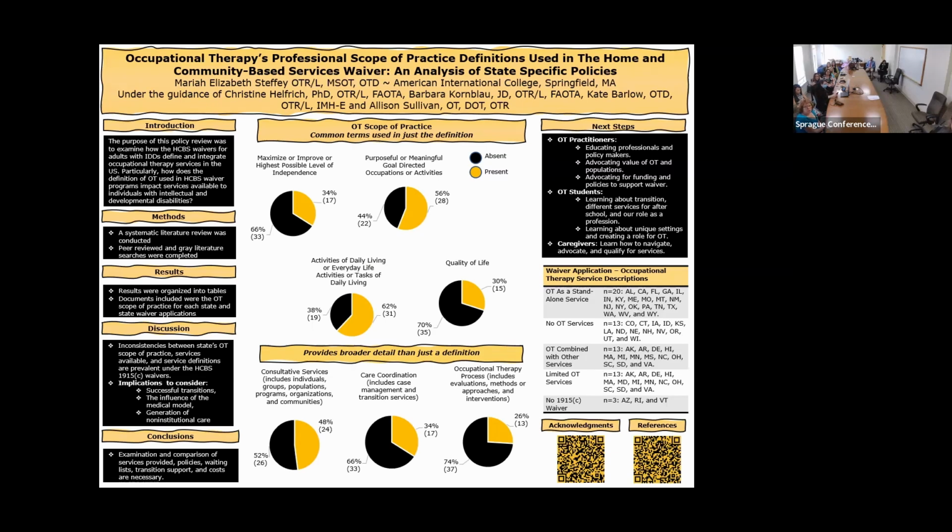So there are states that did provide broader details than just a simple definition. And these states had information on topics such as consultative services, including individuals, groups, populations and programs, organizations and communities, care coordination, which was describing OT's role in case management and transition services, and the occupational therapy process, which included evaluations, methods, and approaches and interventions.